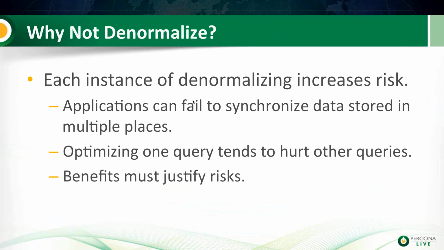Which one of these copies of the data is correct? So for example, I changed my email address in one place, but it didn't change it in the other place where it's stored. Which one of them is the current one, and how do I clean that up, and who gets to decide? If your applications don't take care of that automatically at the time that the update occurs, then you have an irreconcilable difference.